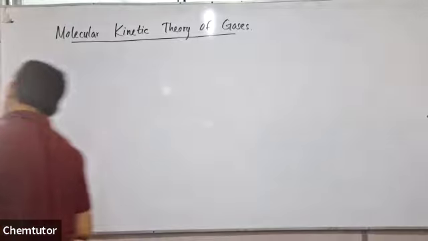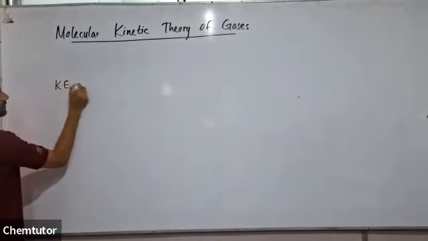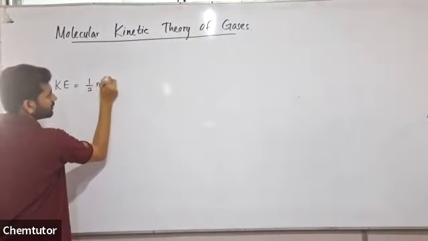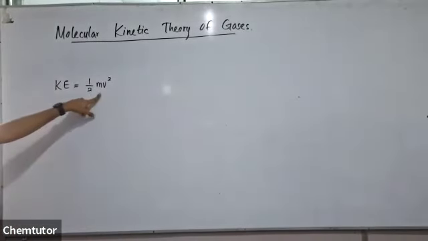Right now, we know that the kinetic energy of a particle is half mv squared. So m is the mass of that particle and v is the speed of that particle.